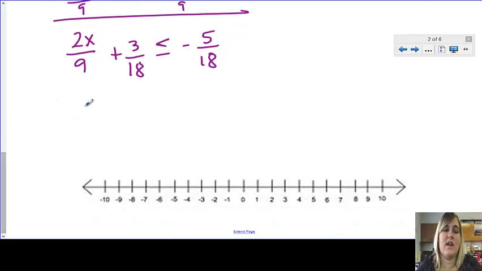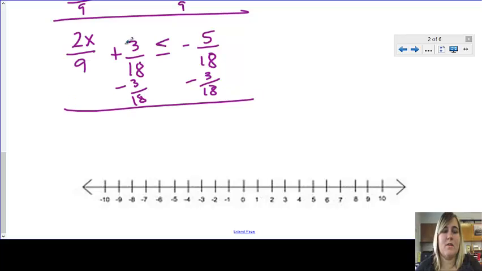So now we want to continue to get x by itself. So I'm going to subtract 3/18 from both sides. So those will cancel. I have 2x over 9 is less than or equal to negative 5 minus 3 is a negative 8 over 18, which I'm now going to multiply by the reciprocal to get x completely by itself.